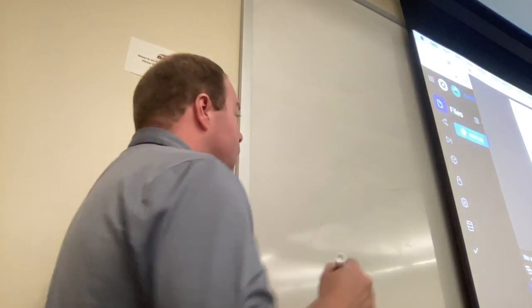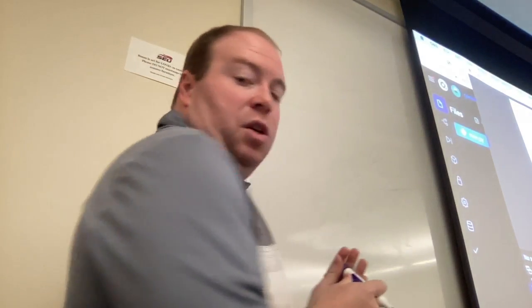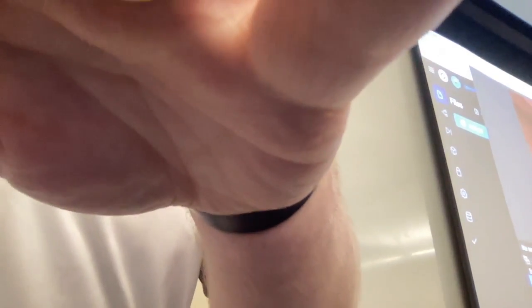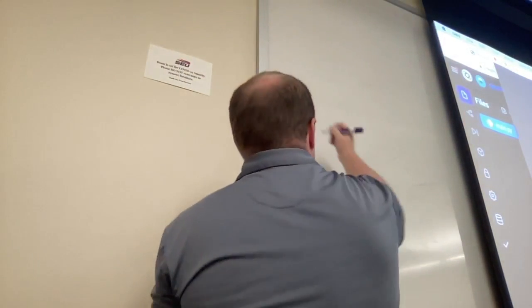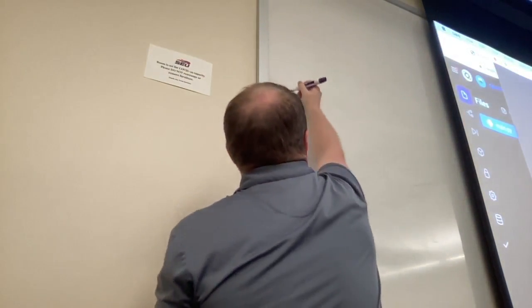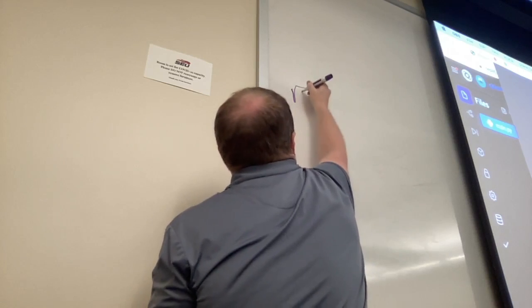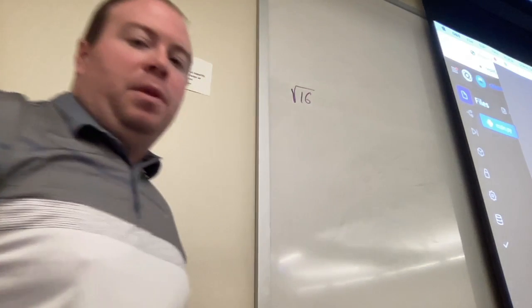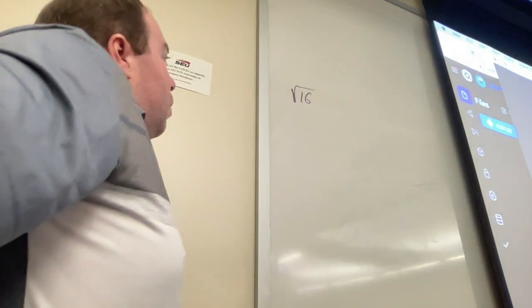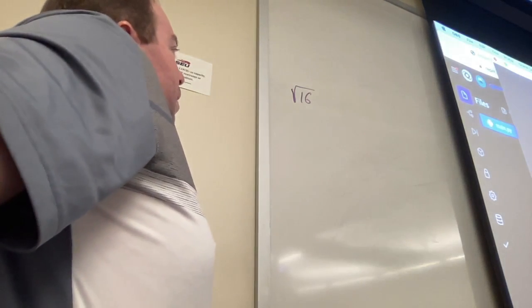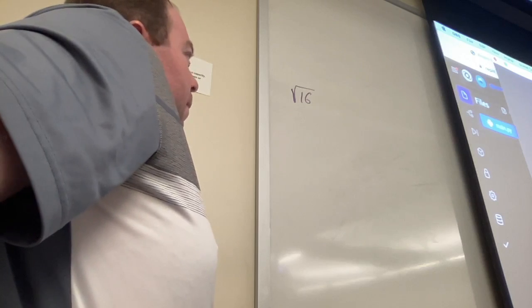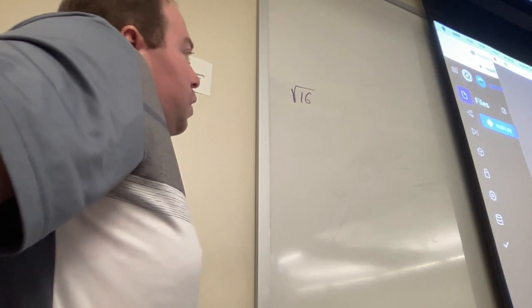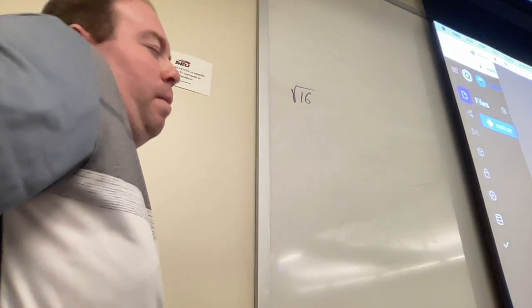Okay, so the way the bisection search works is as follows. Let's say we wanted the square root of 16. Start with something very reasonable. You would start with some reasonably small number.